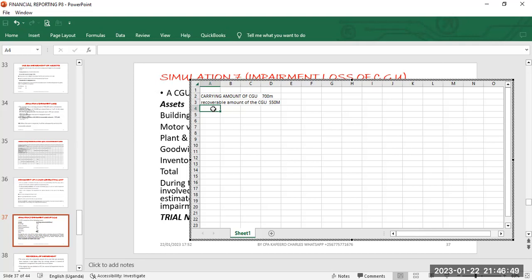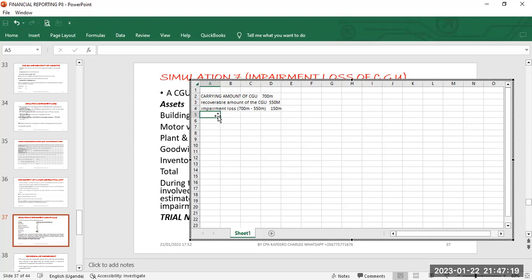So now we are seeing that the asset is impaired and the impairment loss is 150 million. It comes after deducting the 700 million less 550 million. This will give us 150 million. That's the impairment loss.